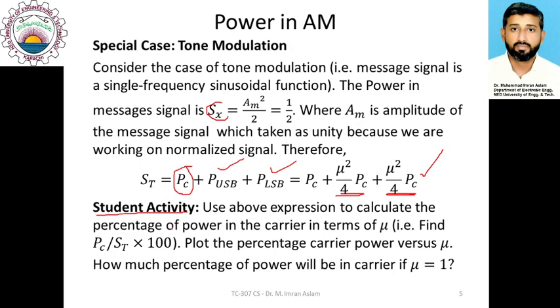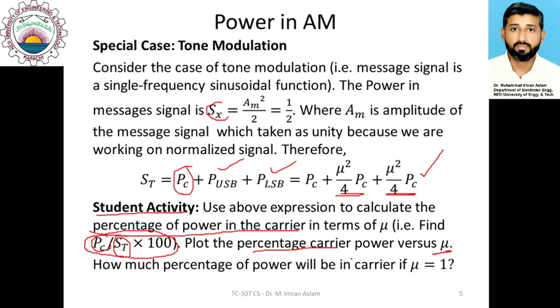I want you to calculate the percentage of power in the carrier, which means the carrier power divided by the total transmission power multiplied by 100. I want you to calculate this value as a function of mu, and plot that percentage carrier power versus mu. You can plot it on MATLAB or whatever software you feel convenient.